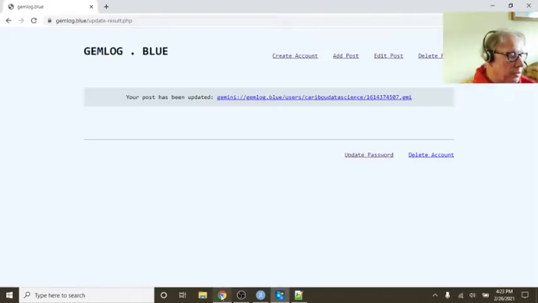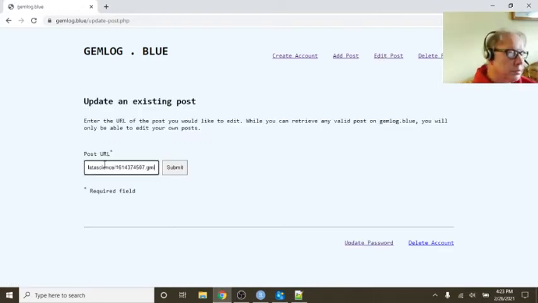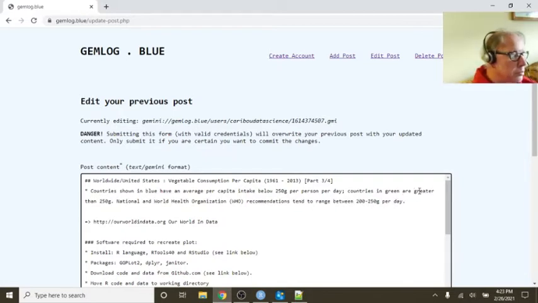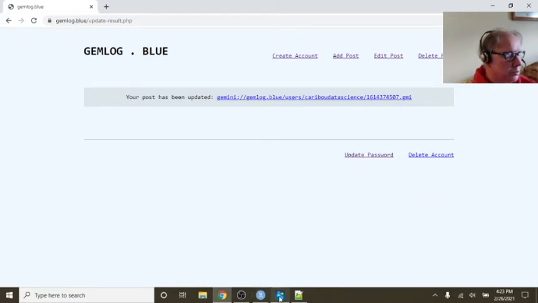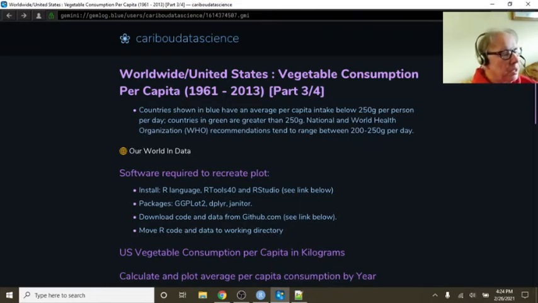Oh, let's see something. Okay, so here is our update for today. Countries shown in blue have an average per capita. Obviously, there's no blue, but that's okay.